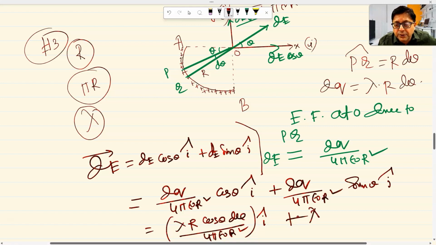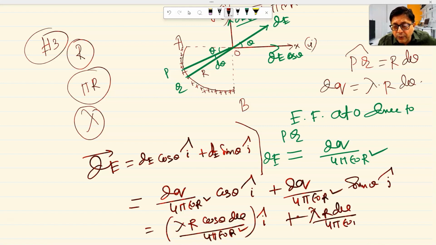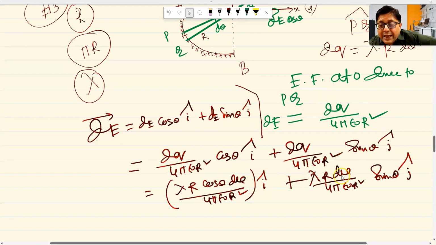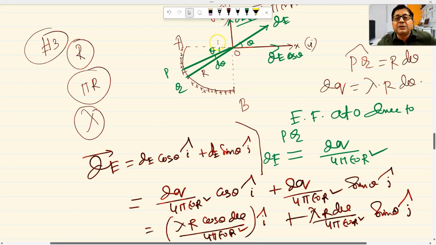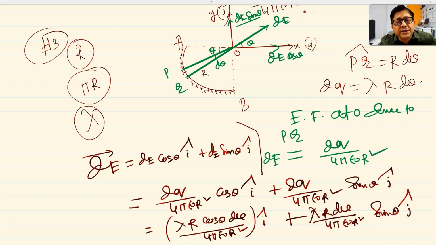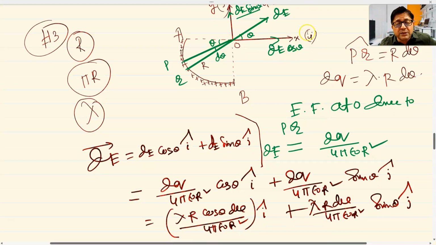Lambda into r d theta by 4 pi epsilon 0 r square sin theta into j cap. So due to whole wire, how much rotation is required for this initial line? Very easy. From 0 degree to 90 degree. It is over because it is quadrant of circle.